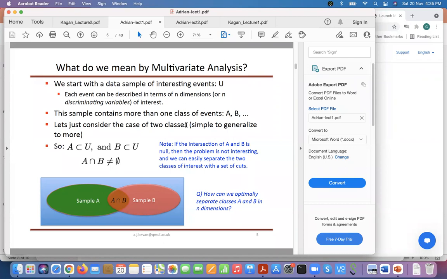There are 2 classes of event. And okay, there will be certain cases where it is difficult for you to distinguish between the 2. Obviously, in an ideal world, you would like to have A and B completely non-overlapping, but in the real world, it never happens like that.